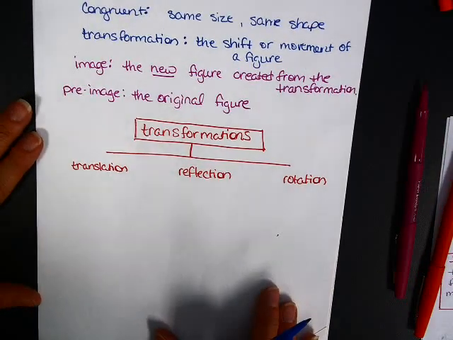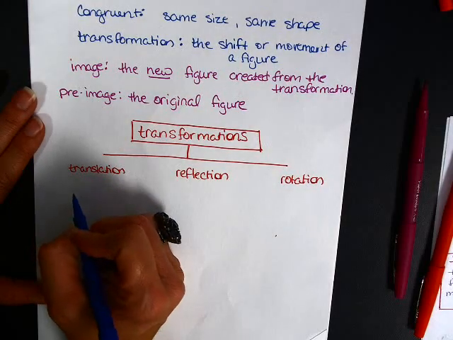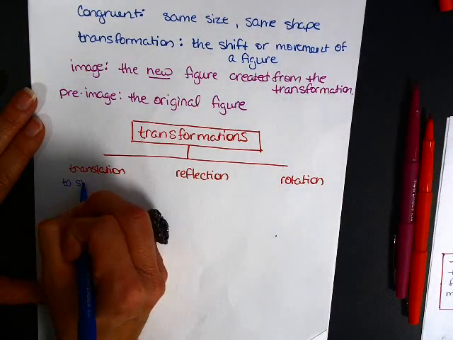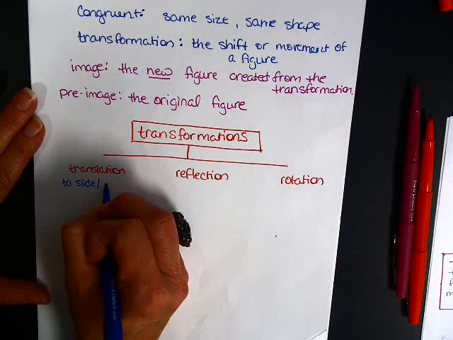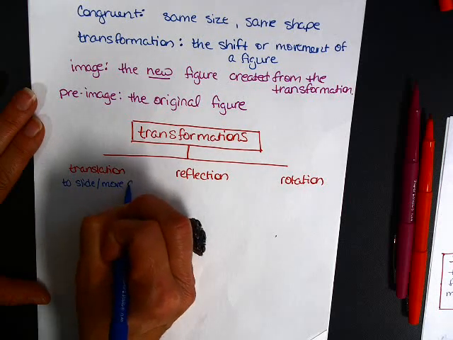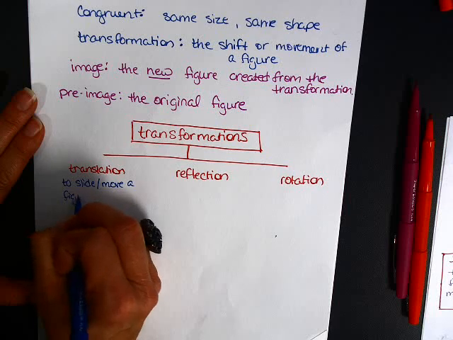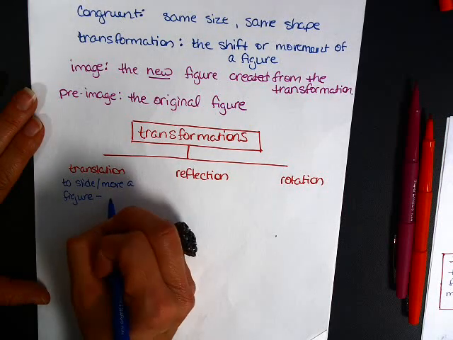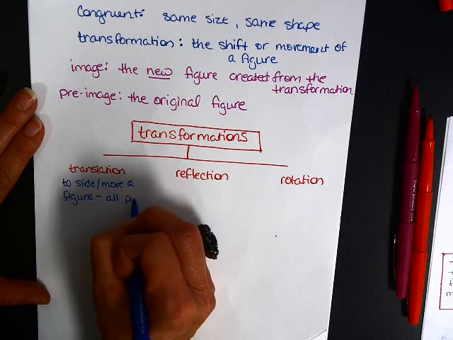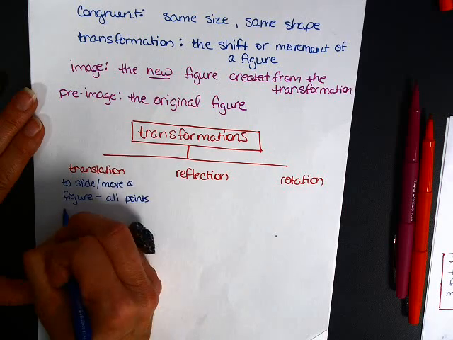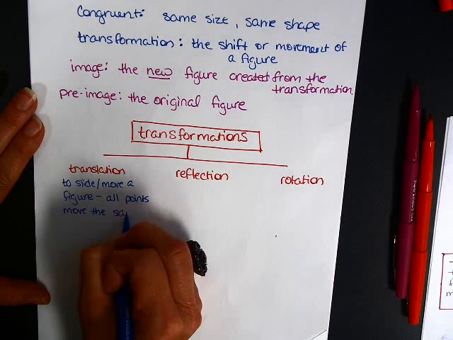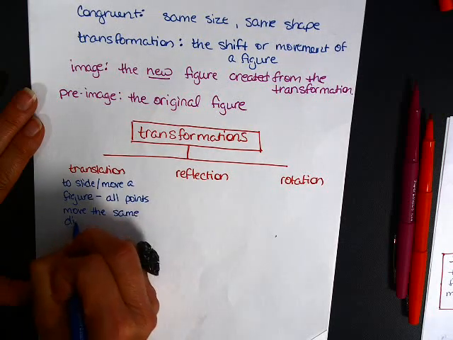Okay, so to define a translation, this is to slide or move a figure. All points move the same direction.